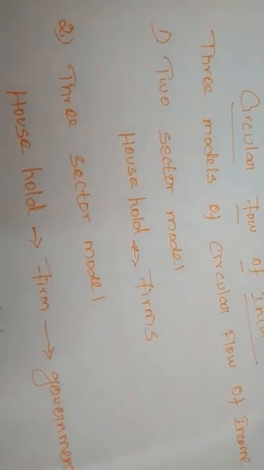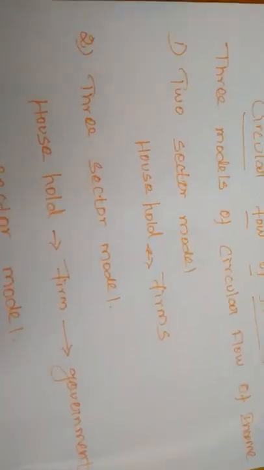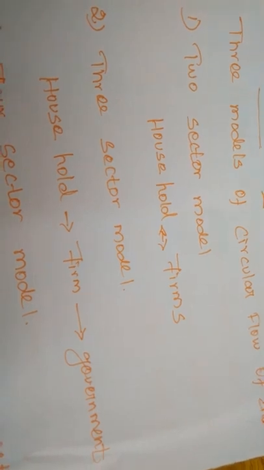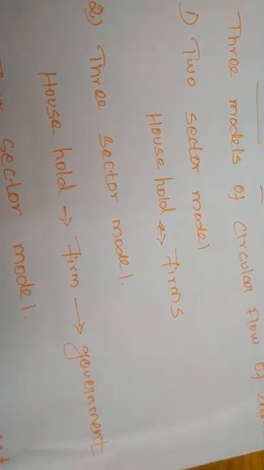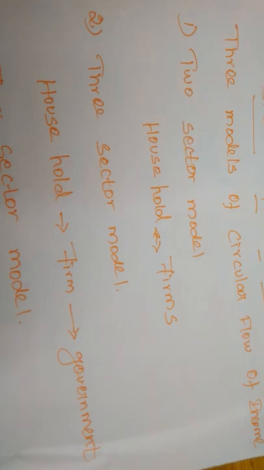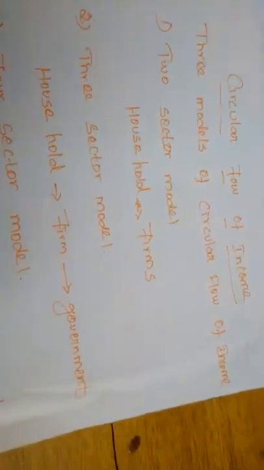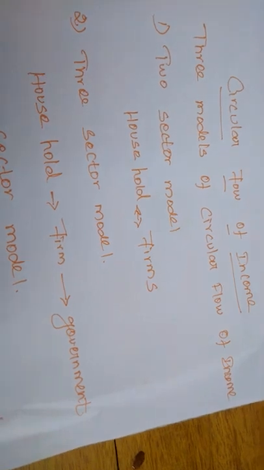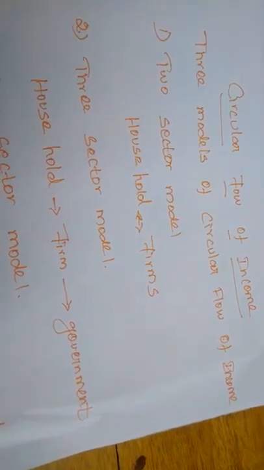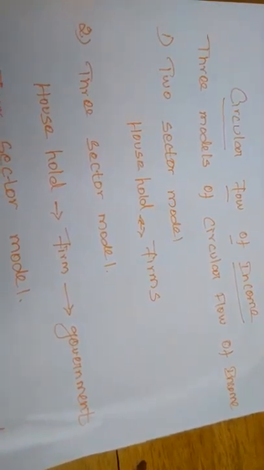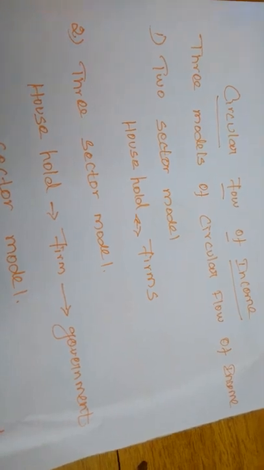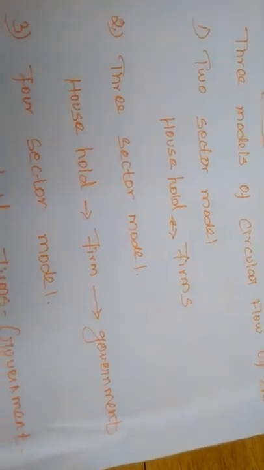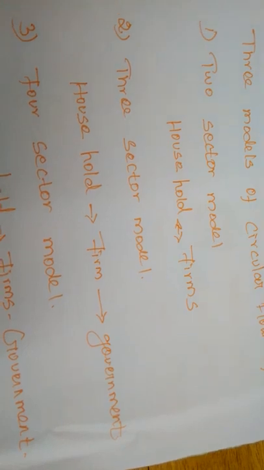The sectors are called economic agents, like firms, households and government. By using the circular flow of income we can clearly understand how the flows of income, goods and services and factors of production move from one sector to another.